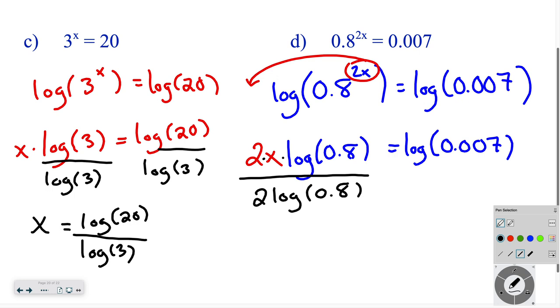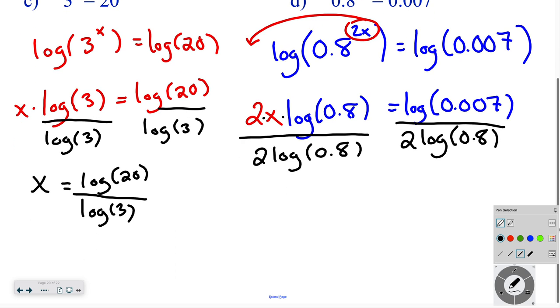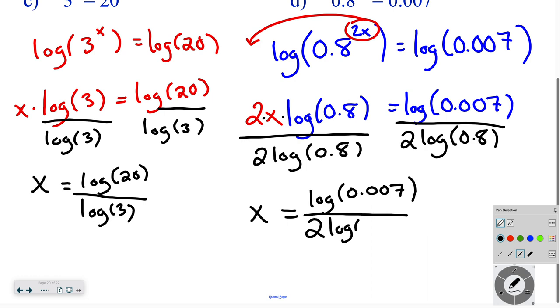So just divide it by 2 log 0.8, excuse me. And then it simplifies to x equals log 0.007 divided by 2 times the log of 0.8. So this is your exact answer.